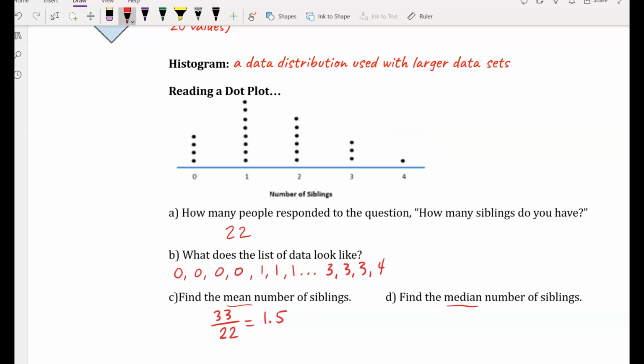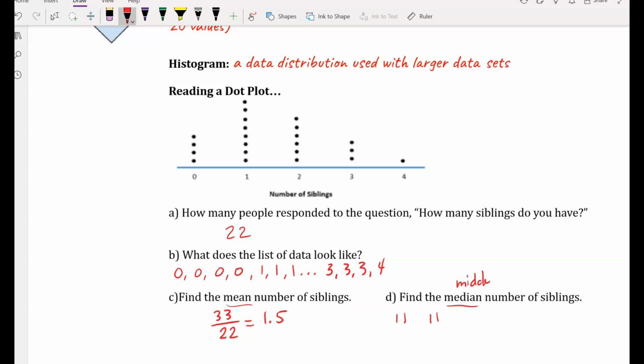To find the median number of siblings, remember that the median is the middle. And to find the middle, I need my data to be in order, which it is on our plot. And then I need to find the middle number. If there are 2 middle numbers, then I have to average those numbers together. Since we have 22 items in our list, that means we have 11 items on one side of the middle and 11 items on the other side of the middle.